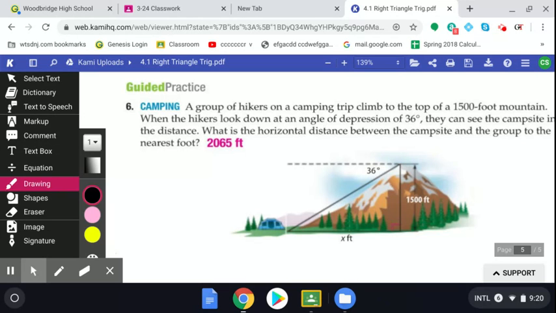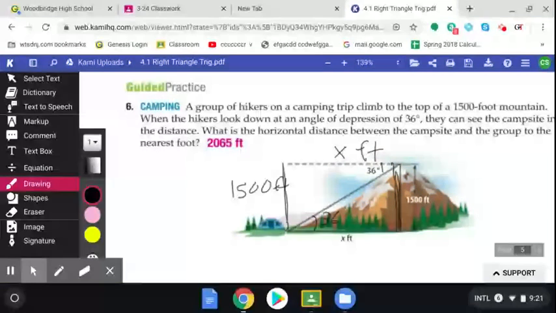So the picture makes this very easy. You can either look at this as the same height as that and say this is 1,500 feet, and this would be x feet, or you can say that this angle is 36 degrees because those two are alternating angles.